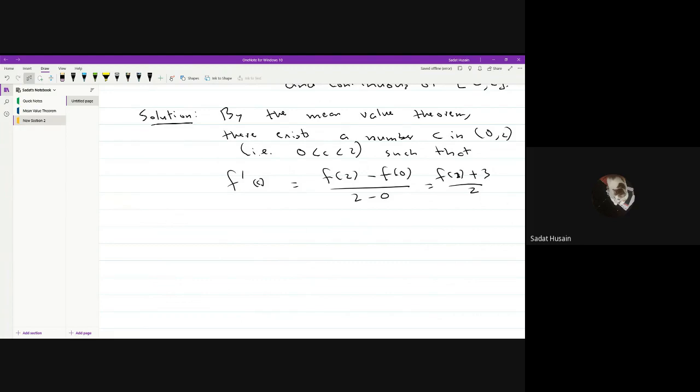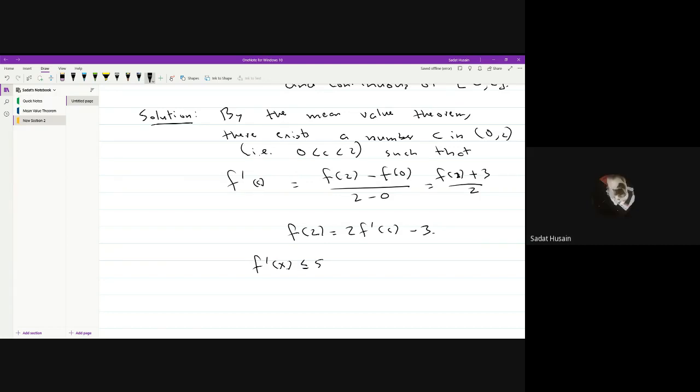That means f of 2 equals 2f prime of c minus 3, right? But we know that f prime of x is less than or equal to 5.